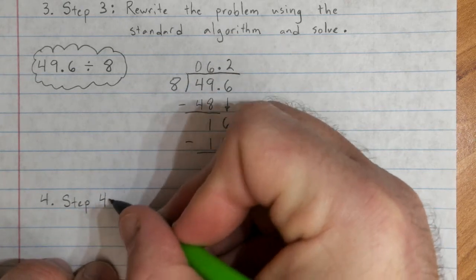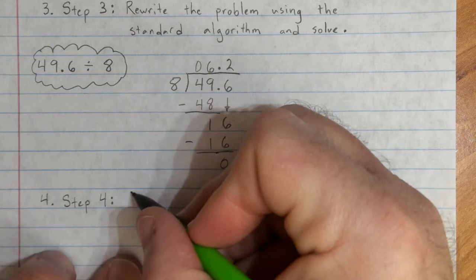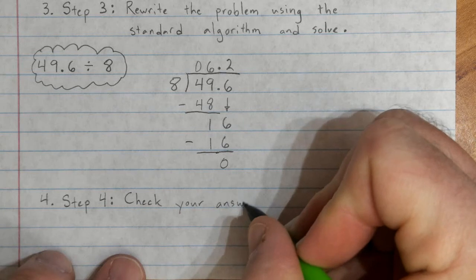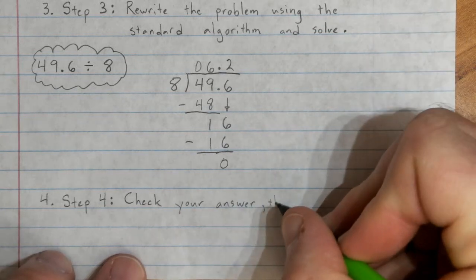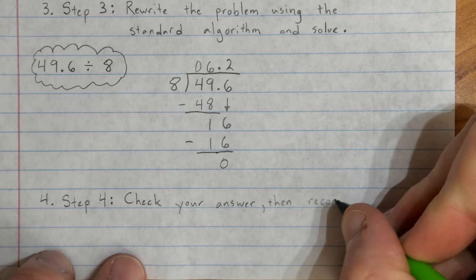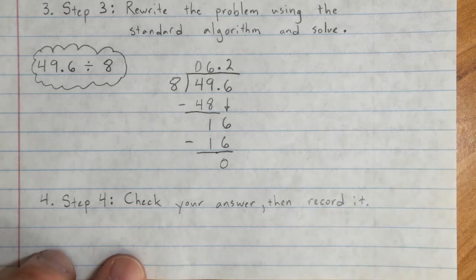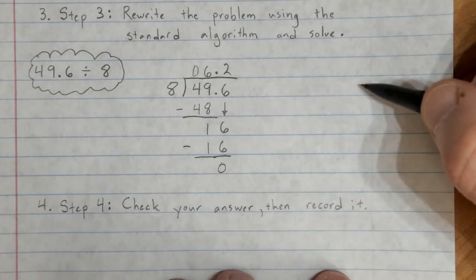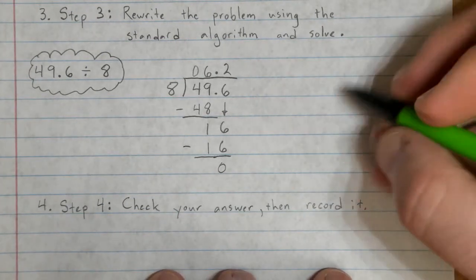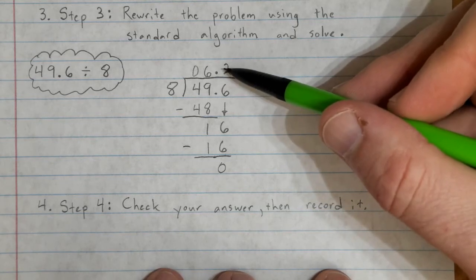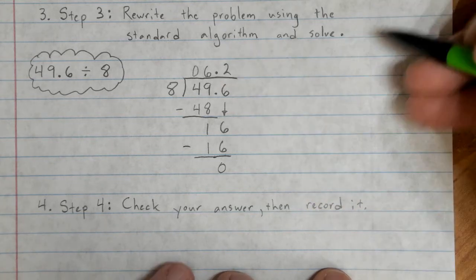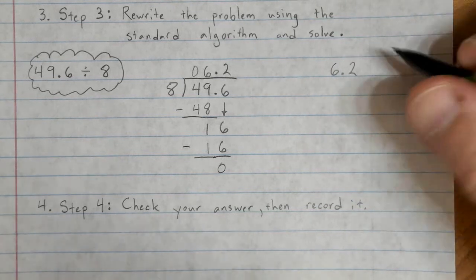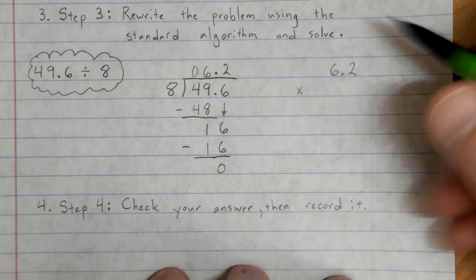Step 4. Check your answer, then record it. Now to check, I'm going to kind of go back up here because I don't have a ton of space. I am going to take this quotient, 6 and 2/10, and I am going to multiply it, not times 8.